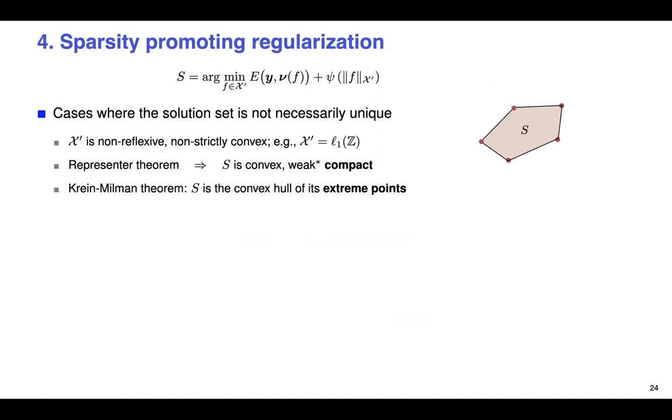Okay, that brings us to sparsity promoting regularization. And so the cases where the solution set is not unique. So in that case, the theorem says that we have a convex set, which maybe is not very informative, but we know that a convex set is characterized by its extreme points.